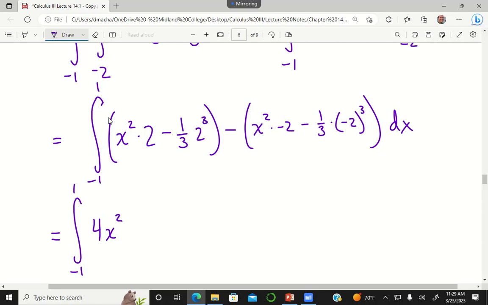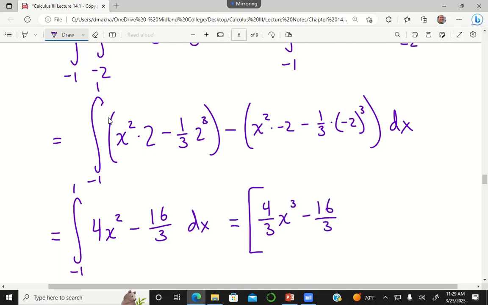So that's going to be minus 16 thirds, I think, if I did my math right. Now we take the antiderivative with respect to x, which should be 4/3 x cubed minus 16/3 x, evaluated at 1 and -1.